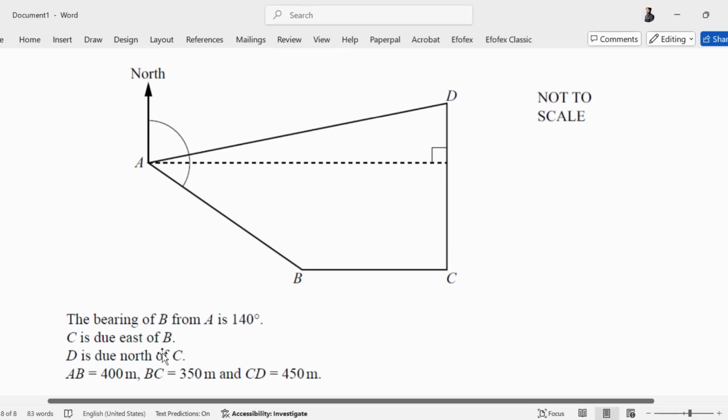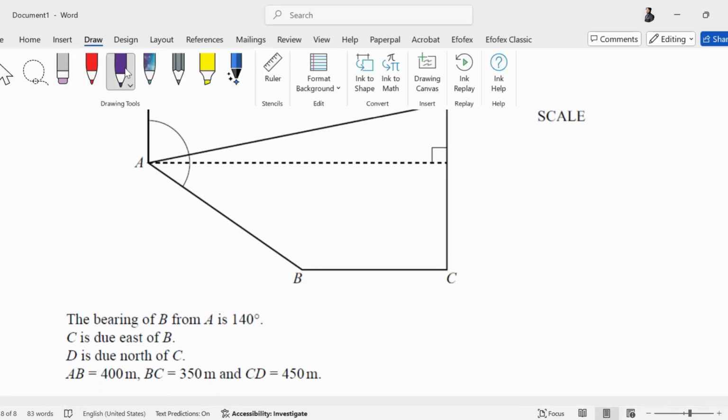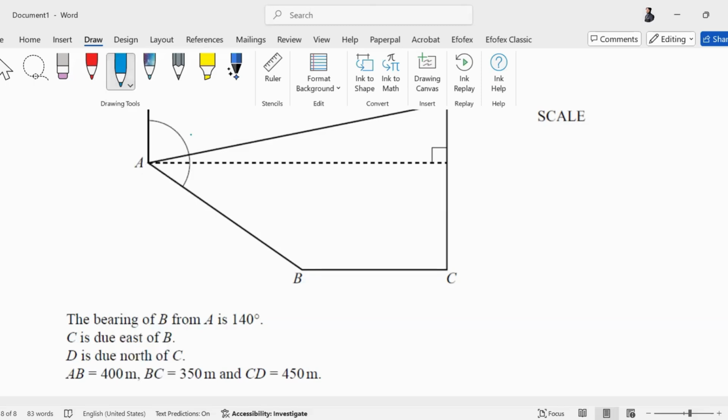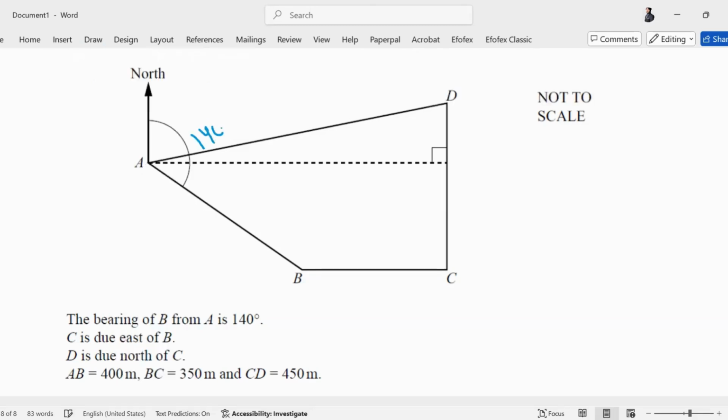The bearing of B from A is 140. So from A, if I see the bearing, this entire angle is 140. Next is C is due east of B. We know that if I draw north on B, this will be 90 degrees.